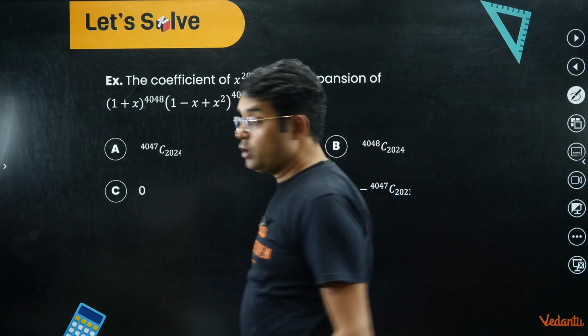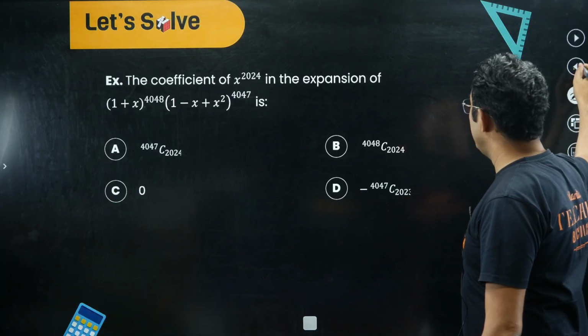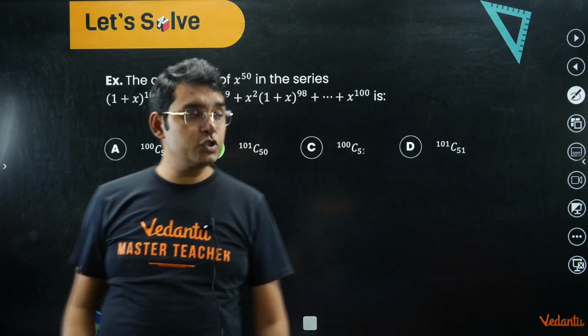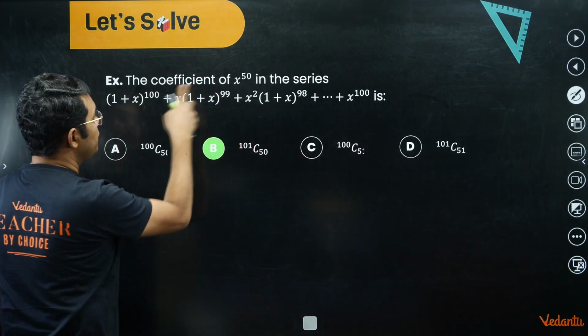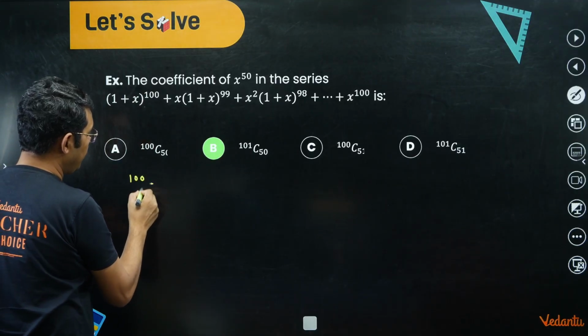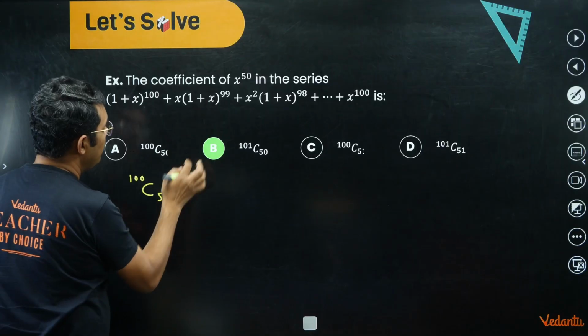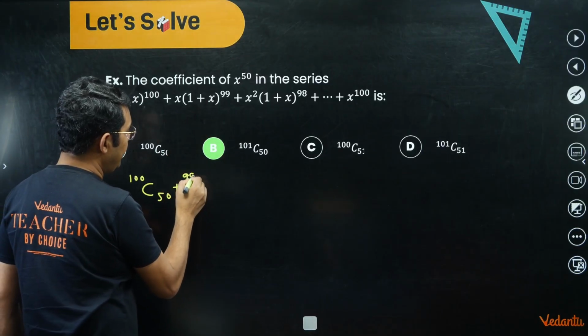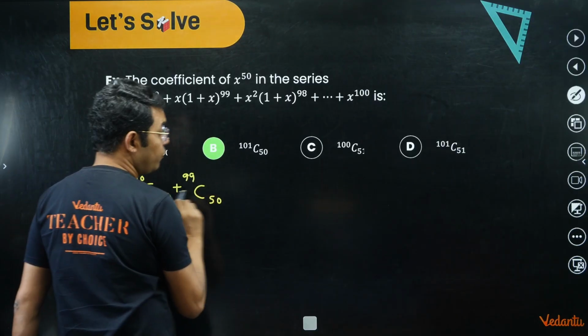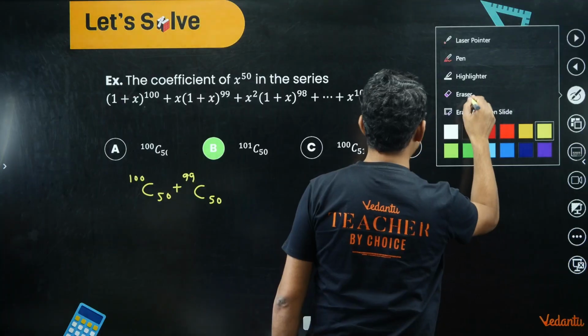Now coming to this question, oh sorry, I forgot that I need to tell you one more method for this question. Yeah, another method. Now another method for this question could be that the coefficient of x power 50 from this will be 100C50. From this it will be 99C50. Okay, not 50, 49, because one x is already there.